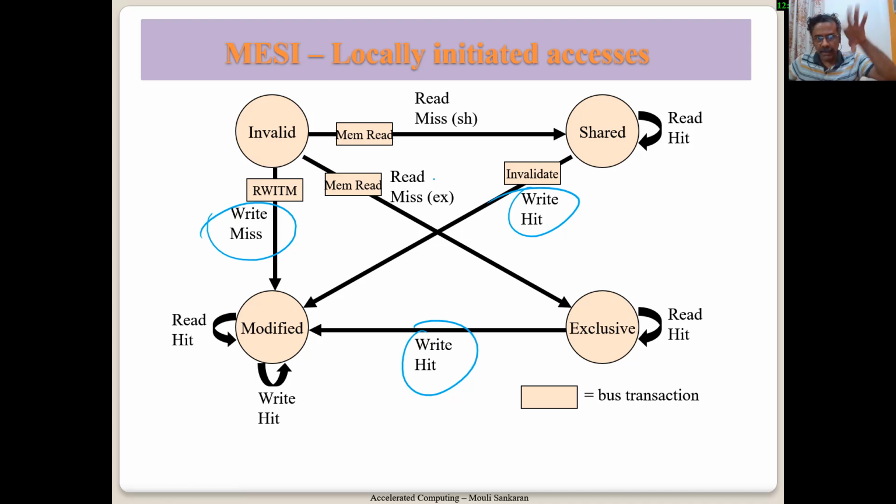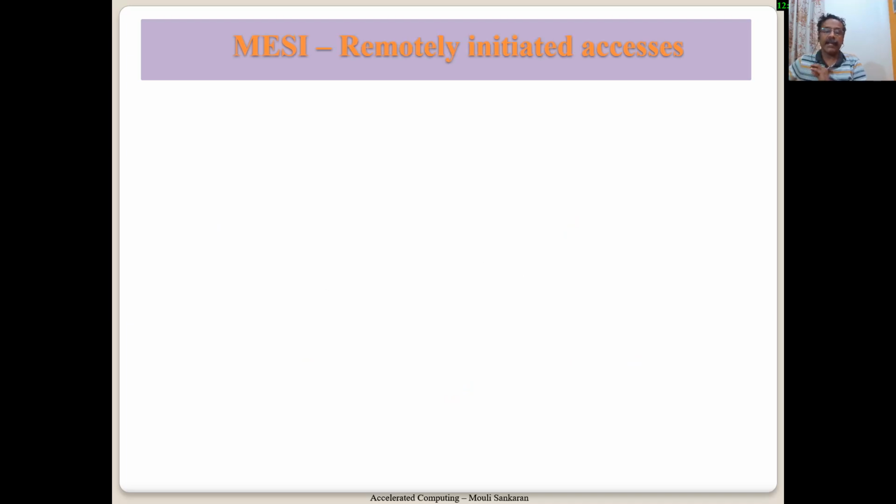When these operations happen from the local CPU, this is the state transition, and whatever signals are given are the signals given on the bus. When you send the signals over the bus, other caches read them and change their state based on this transaction. The reaction to that, with the changes to the cache, is given in the next diagram.